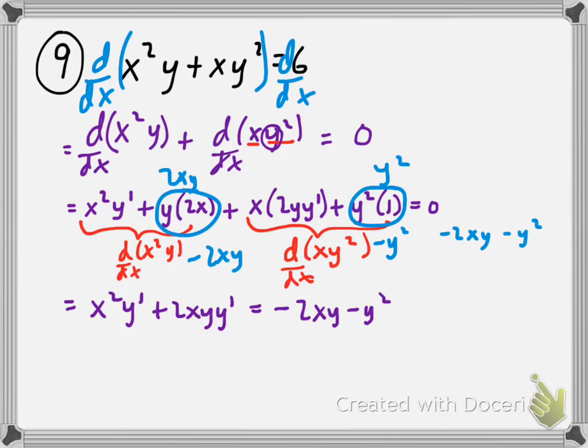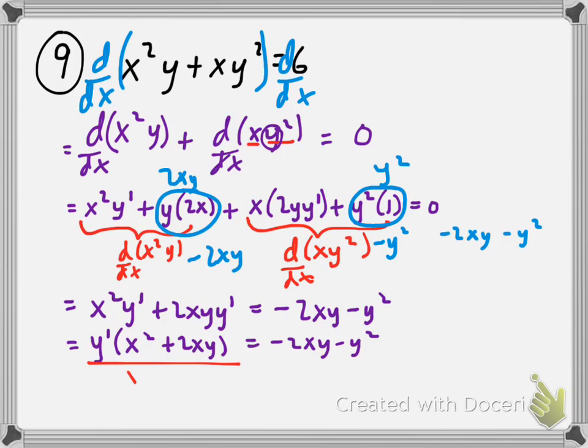Step 3 is to go ahead and factor. This is all algebra 1 now. We're factoring out the y prime, and what we're left with is x squared plus 2xy equaling the right side. Then we divide both sides by x squared plus 2xy.